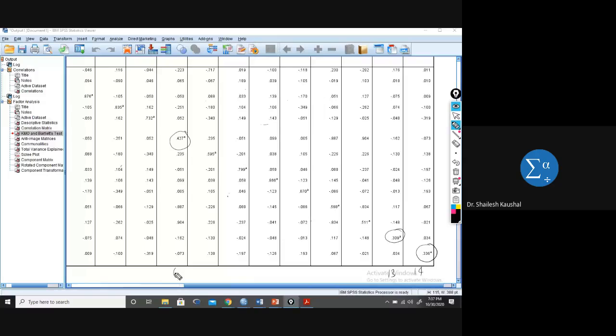So three questions, 6, 13 and 14, have anti-image correlation, oh sorry, measures of sampling adequacy not up to the mark. It is not desirable, it is very low, because an assumption of exploratory factor analysis is that the sampling adequacy value should be greater than 0.5.